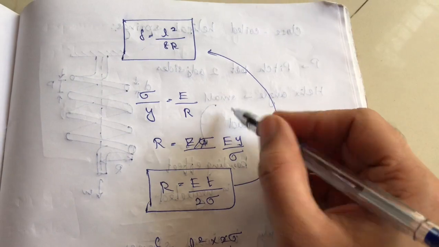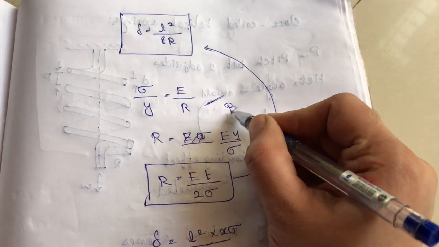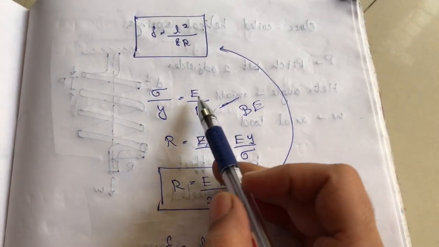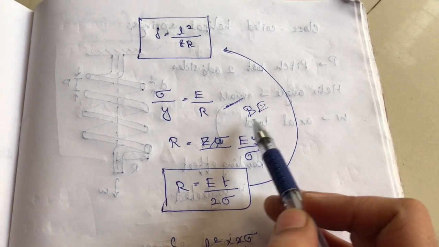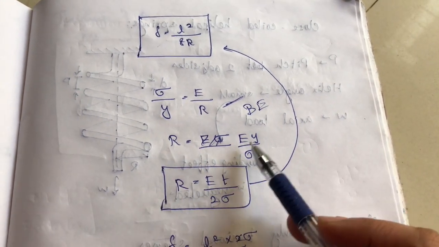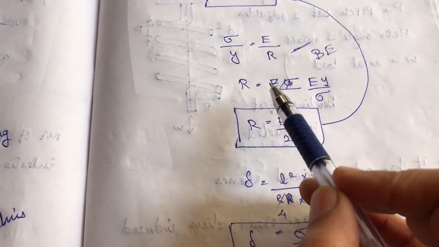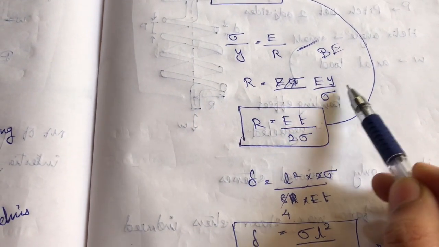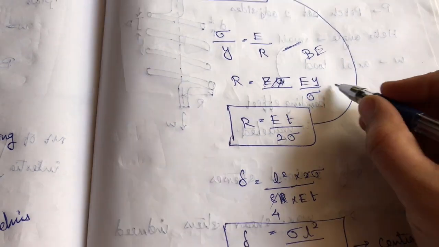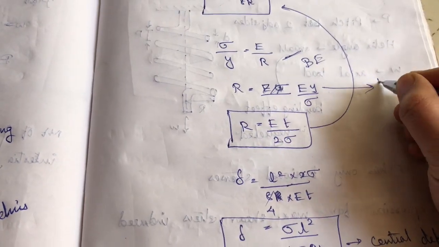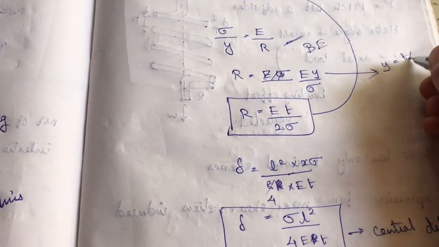Okay, so again the bending equation, sigma by Y is equal to E by R. So what is R? R is equal to EY by sigma. So here R is equal to EY by sigma, right? So what is Y here? Y is nothing but T by 2, right?